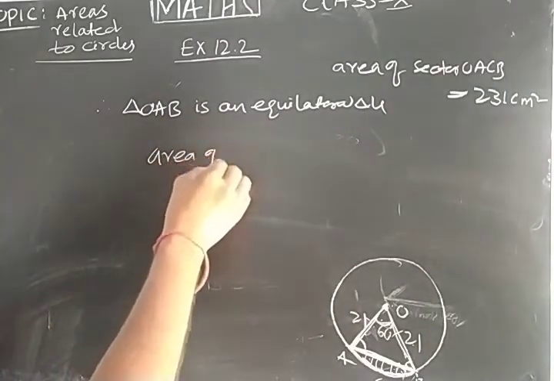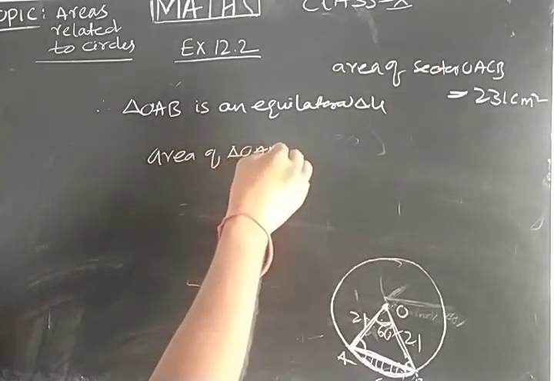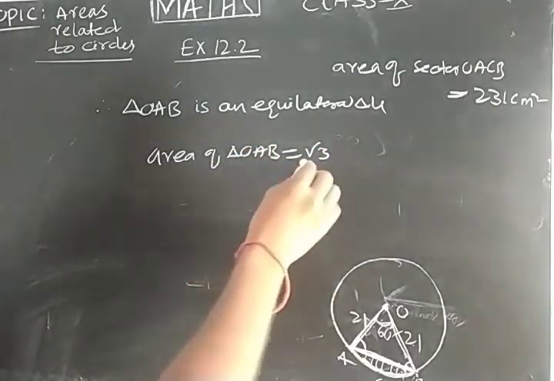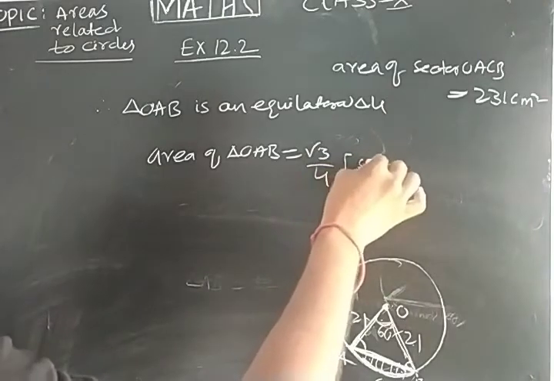For an equilateral triangle, the area of triangle OAB is root 3 by 4 into side square.